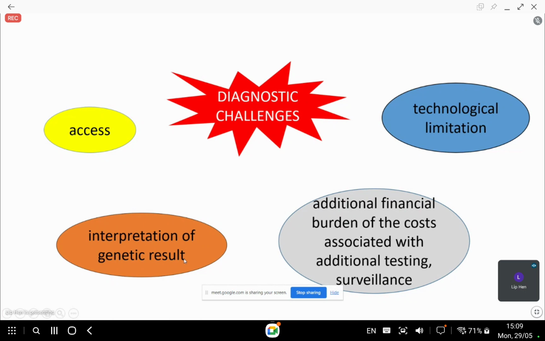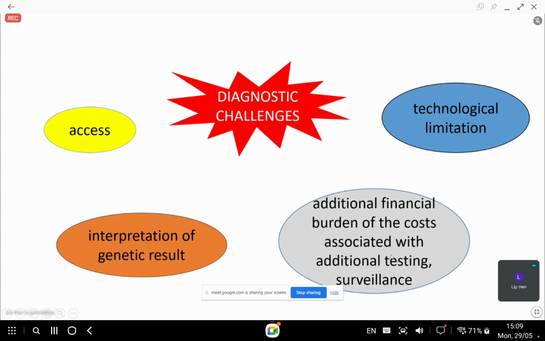It is not uncommon to have variants of uncertain significance (VUS) in our reports, and then we need more information and more time to solve the problem, or sometimes even extensive investigation and study can't conclude. And remember the technological limitation of each test. So when we get a negative report, we must always think of the limitation of the test.